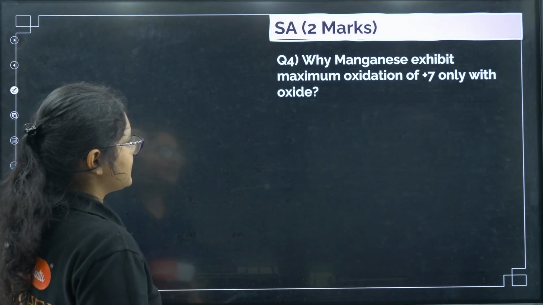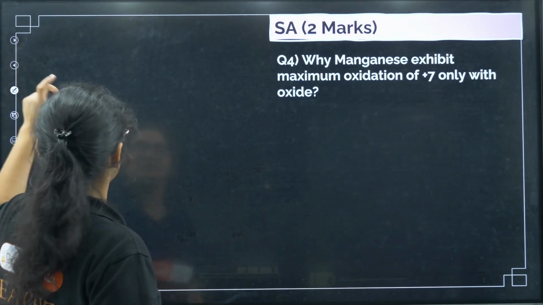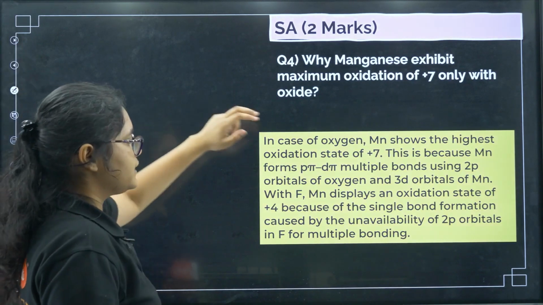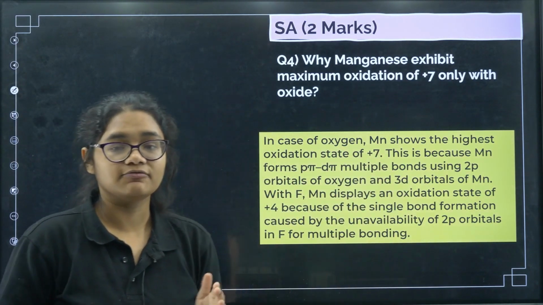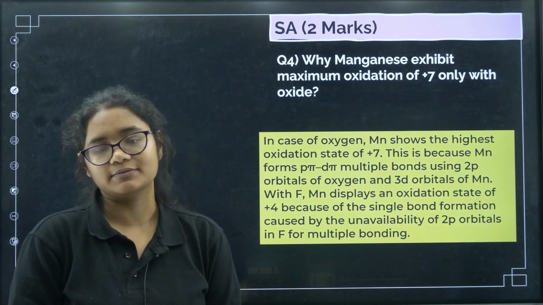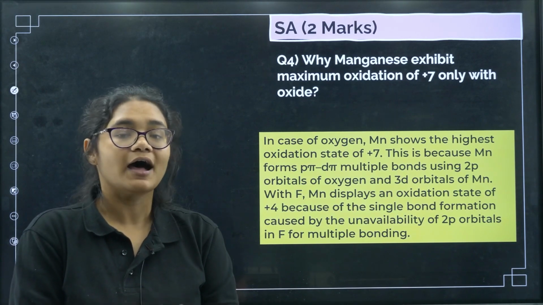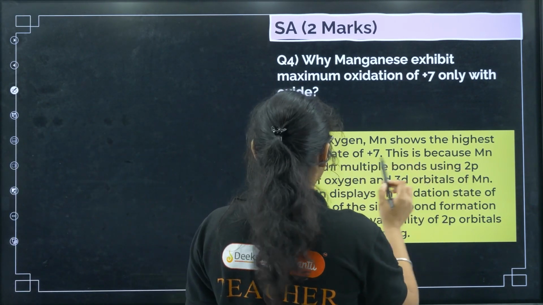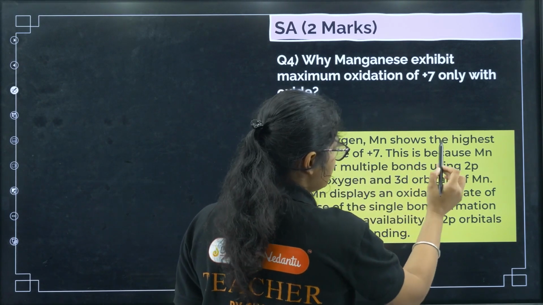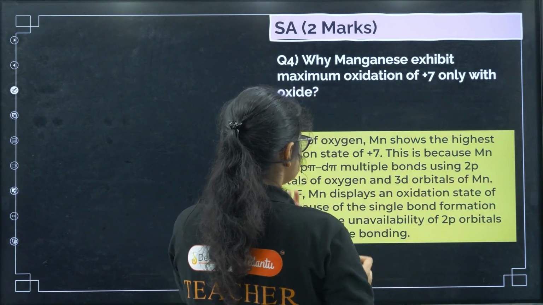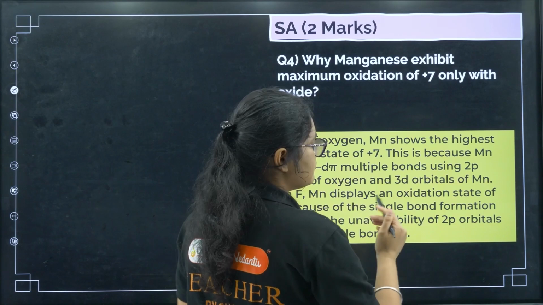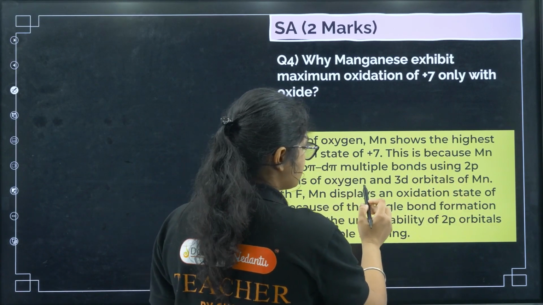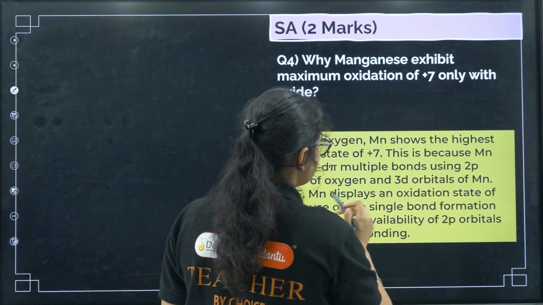Next, why does manganese exhibit oxidation state of +7 only with oxygen? In case of oxygen, it can form a double bond, right? So that is why it can have a higher oxidation state. In the case of oxygen, manganese shows the highest oxidation state of +7. This is because manganese forms p pi d pi multiple bonds using the 2p orbitals of oxygen and the 3d orbitals of manganese.